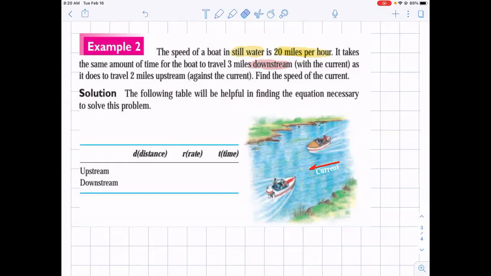On the other hand, if the current is going this way and the boat is going in the opposite direction, then that is upstream. So upstream is when they're going against each other.